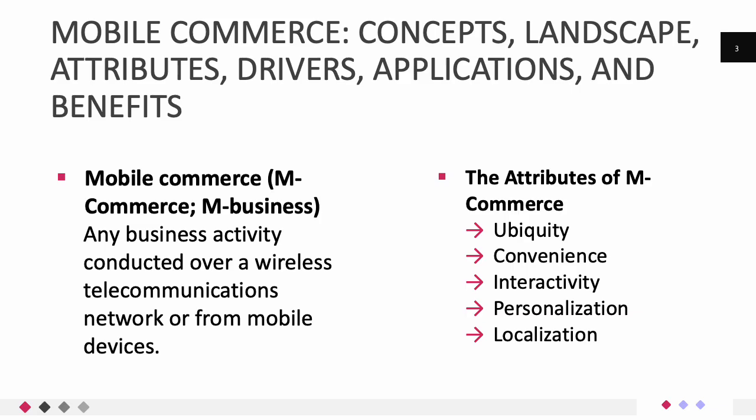Personalized here means that the apps recommend the stuff that you might like. Plus, it knows your location, so you can get discounts for nearby stores. So m-commerce is all about making life easier by putting the shopping, the payments, and the services right in your pocket. It's very cool, right?